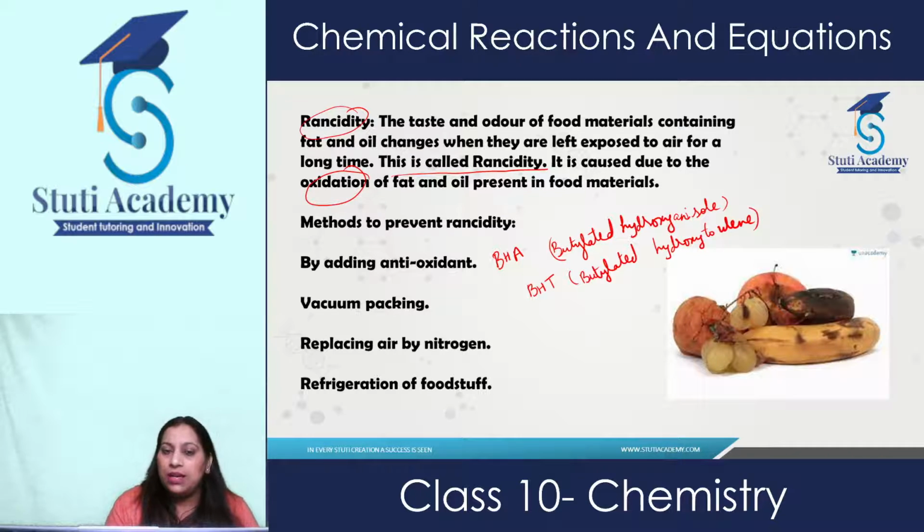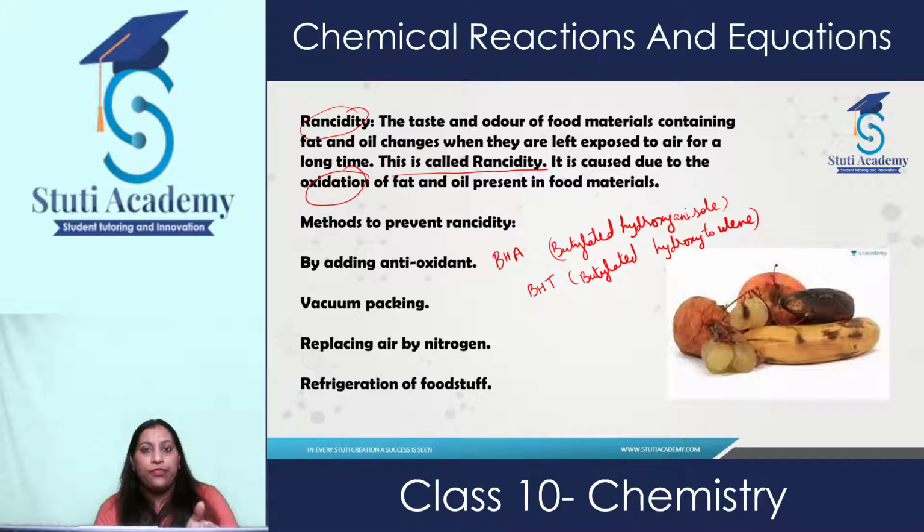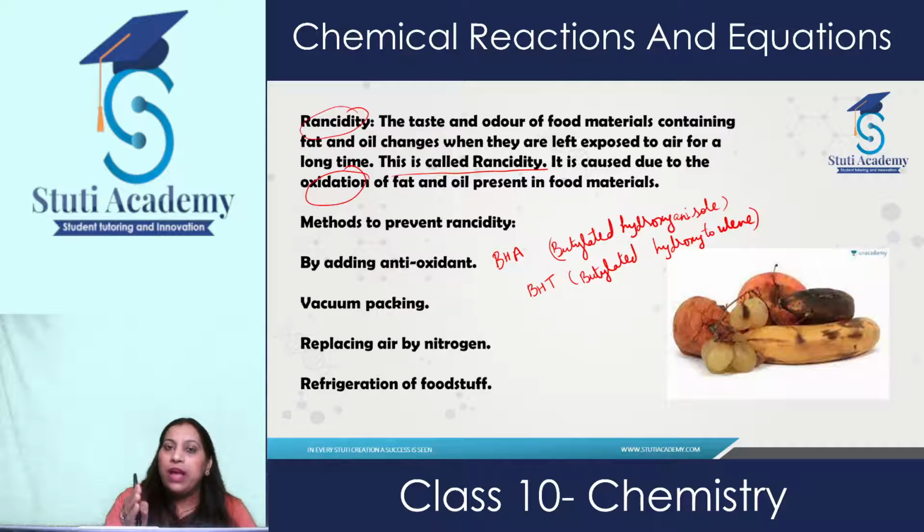As a result, our food will not get spoiled, because when this food comes in contact with oxygen, germs and microbes are present, and due to this, it results in the growth of those microbes. So if we are adding these antioxidants, BHA and BHT, we prevent our food from rancidity.